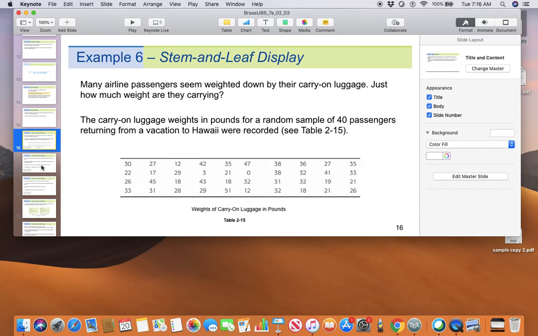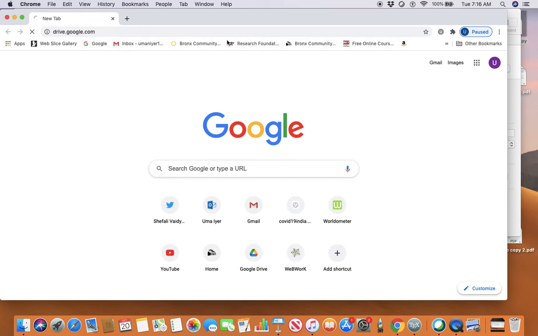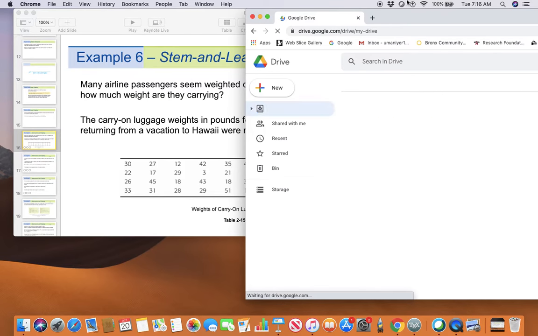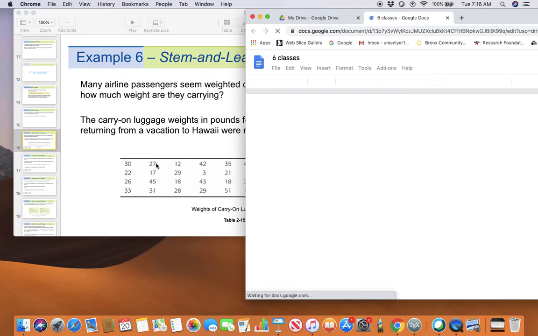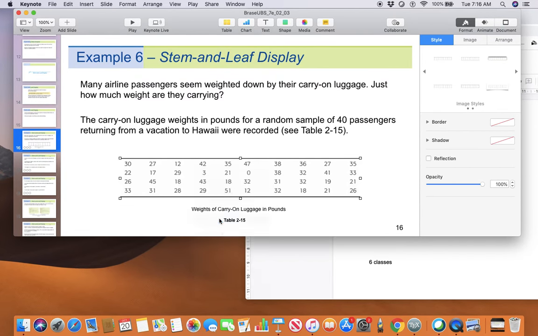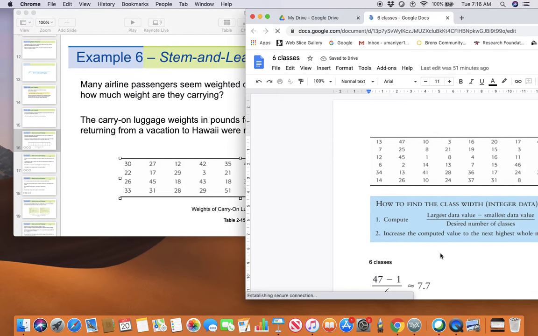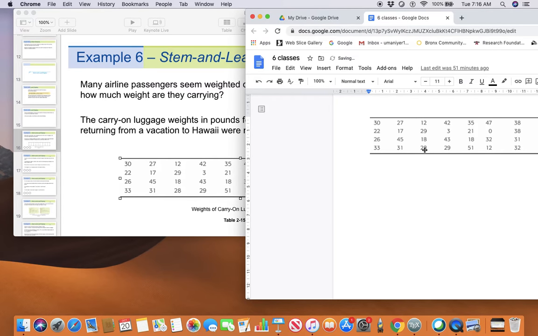So let's keep this information available somewhere for us to look at. I have saved this information here, data.